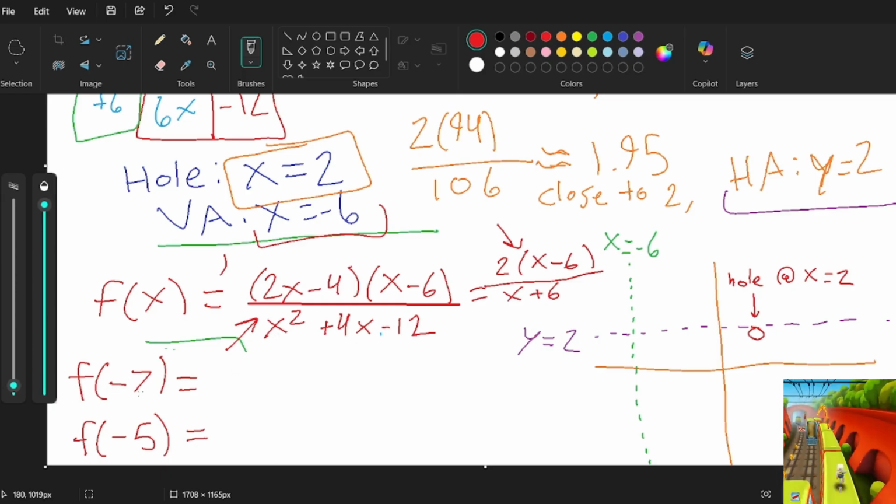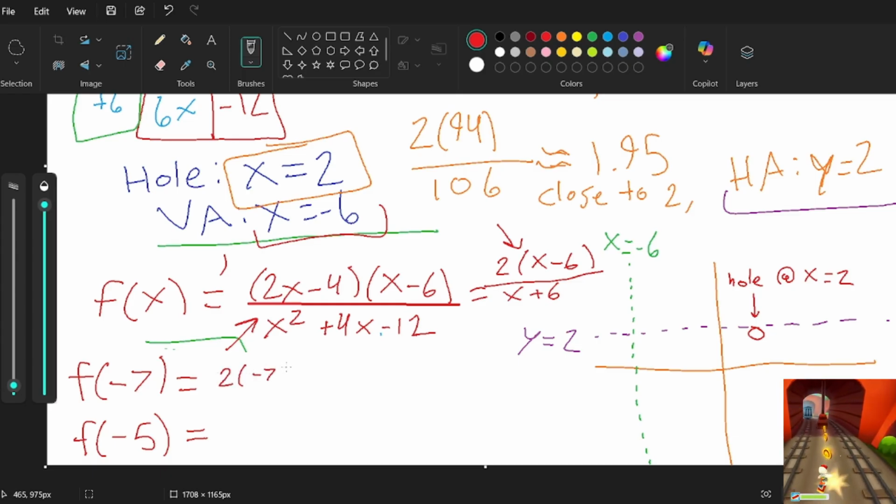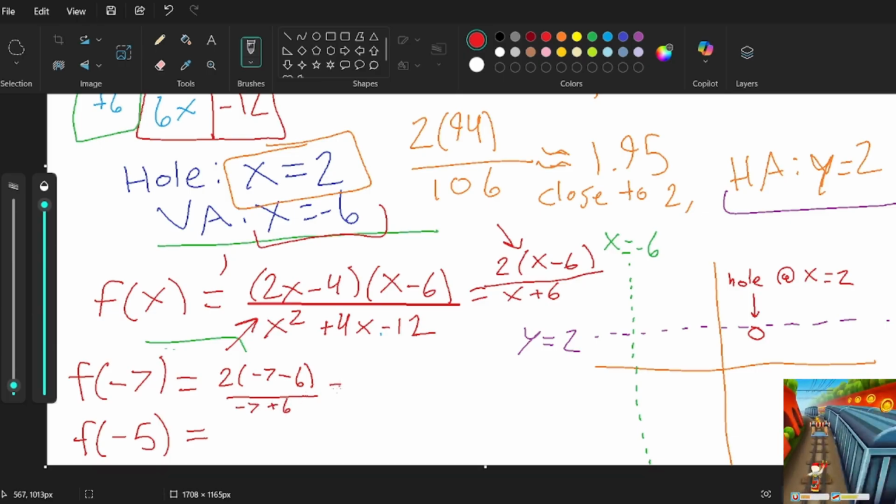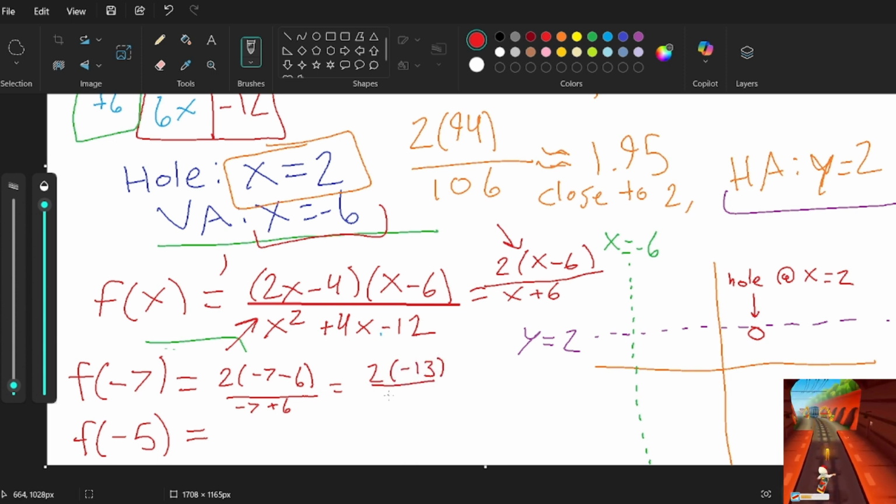If I'm plugging in this -7, I'm just going to do 2 times -7 minus 6 over -7 plus 6. That is 2 times -13 over -1. So that is equivalent to 26.